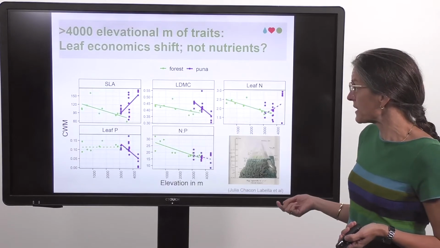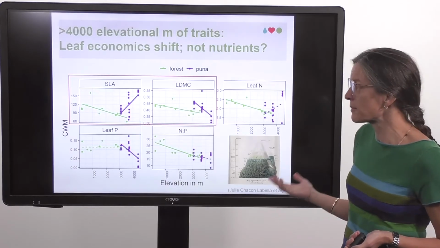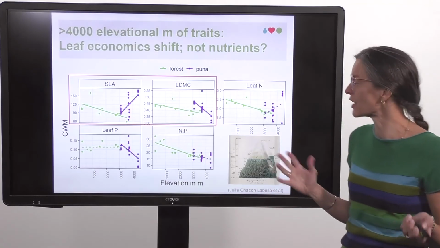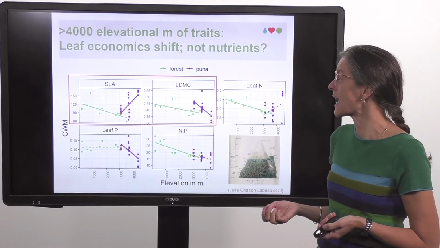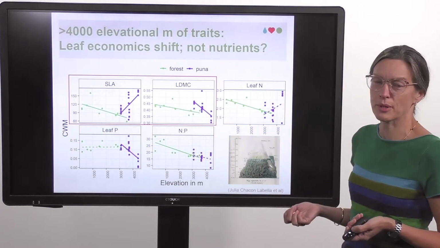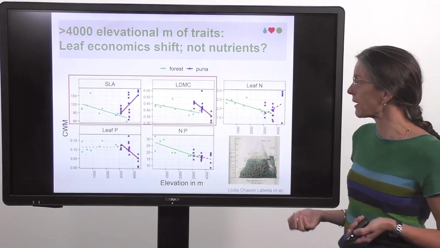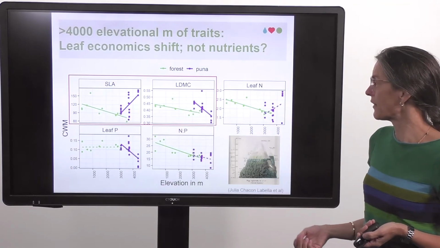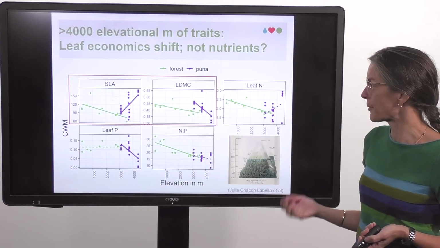One of the things that we see here is that when it comes to the fast-slow continuum traits, there seem to be some quite marked breaking points between the forest plots, which are in green, and the Puna grassland plots, which are in purple.